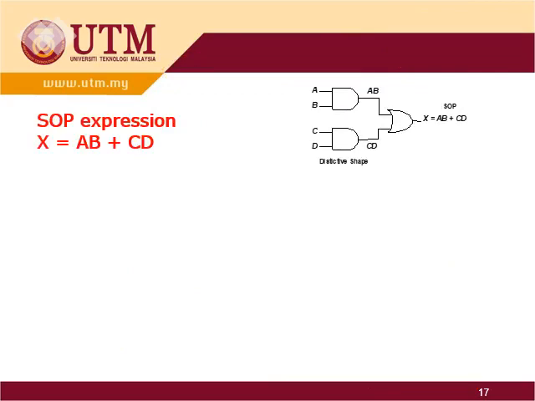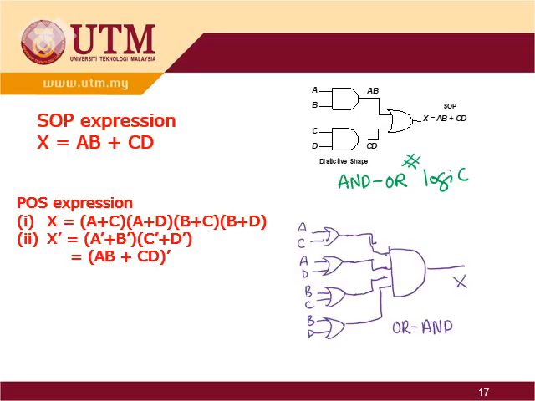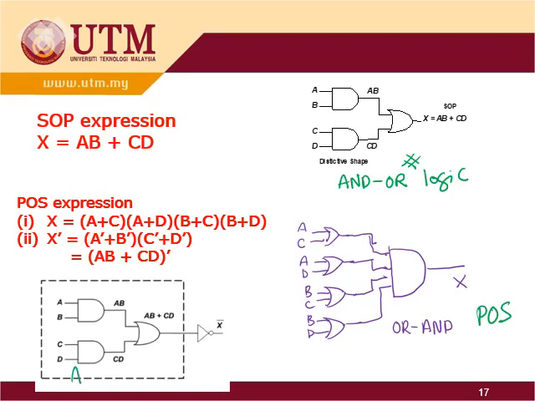This is our original SOP expression, a very distinctive shape, AND OR logic. From the same truth table, this is our post expression. However, I've shown you we can actually draw an easier circuit by using AND OR invert logic for our post expression.